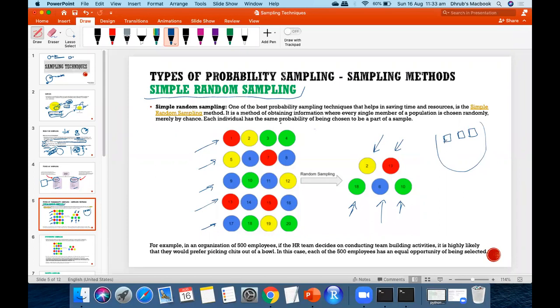So for example, if this is my population, I will randomly select 5 people. If I have to select 6, I'll randomly select 6 people. Now you will say that in this type of sampling, I can get, say, the color of these buttons represent different characteristics. So you may say that here the green color buttons are 2 in number, so the representation has become more.